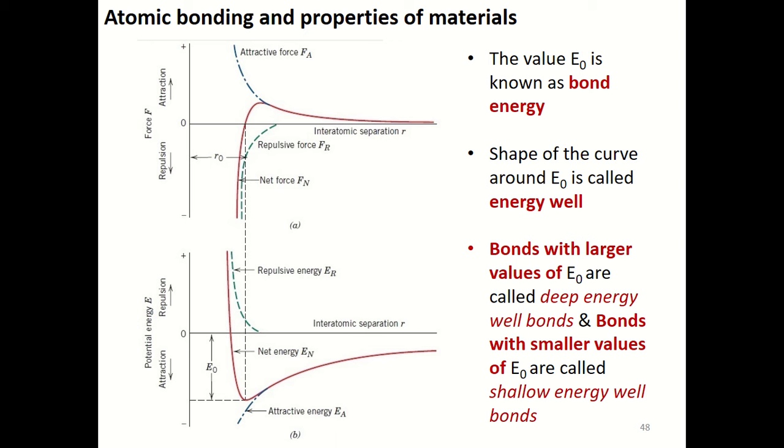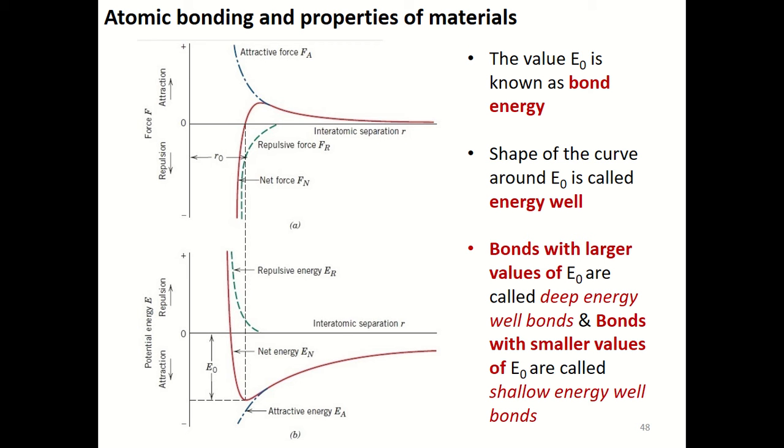As the distance increases or decreases, you can see how the trend of the attractive force and repulsive force changes. Now, what would be the net force? We also discussed it. The net force between the atoms is the sum of the attractive and repulsive components. That is, Fn is equal to Fa plus Fr.